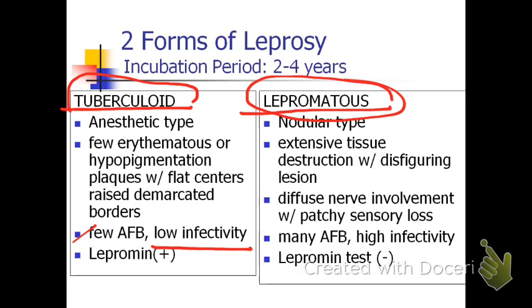You do not want that to happen while you are walking, that, oh, that's my ear or that's my nose. So you need to apply bandages. There is also diffuse nerve involvement with patchy sensory lesions. This one is negative for the lepromine test. By the way, the lepromine test is the skin test for leprosy. For tuberculosis, we call it the tuberculin test.